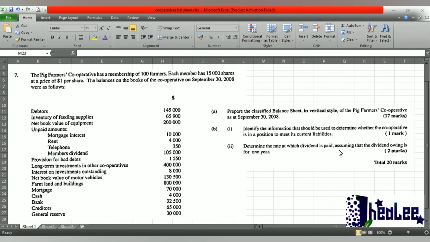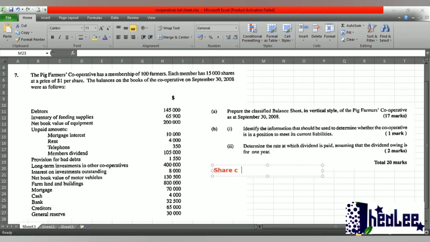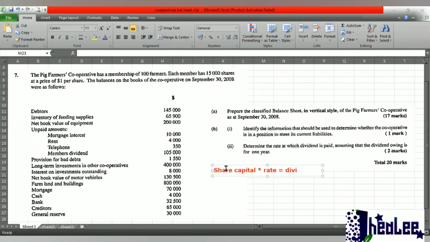And we're asked to find the dividend rate. First, you have to recall the formula in ascertaining the dividend, and that is the share capital multiplied by the rate, and that would give you the dividend.